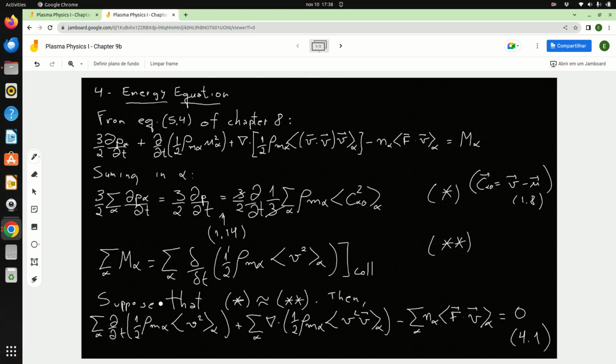Okay, from 4.1, if you consider the first term, let's rewrite the first term in a way that will help us to continue. From the first term in 4.1, you get this.